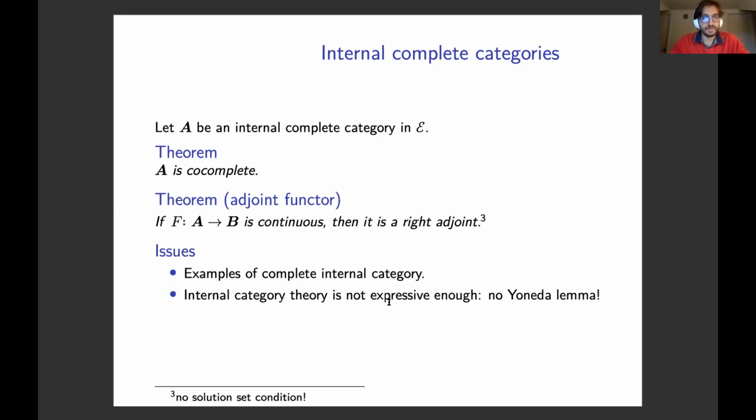And so we need to find a new setting different from the category of sets, in which there are interesting complete internal categories.